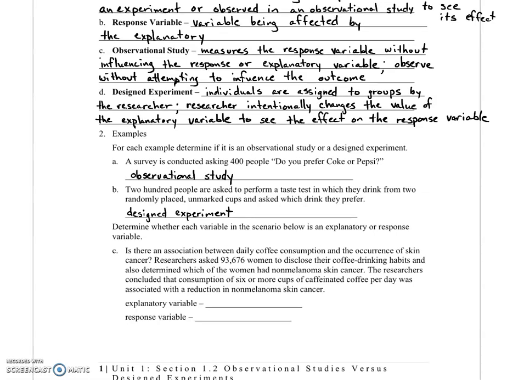Because the researchers deliberately changed the value of the explanatory variable, which is the type of drink, and then ask which is preferred. So the explanatory variable is the type of drink, and the response is which one they like better.